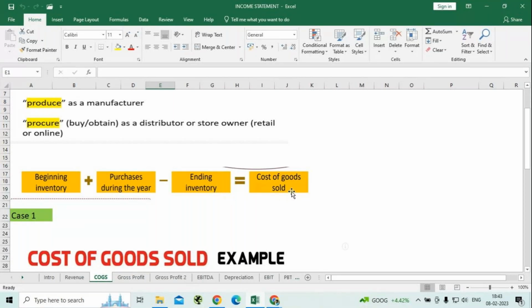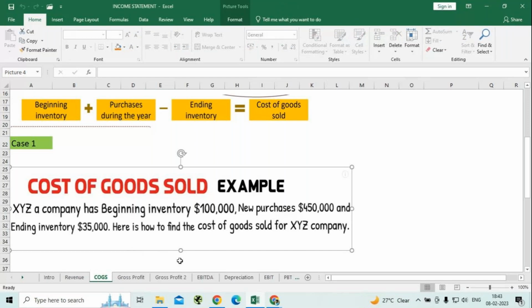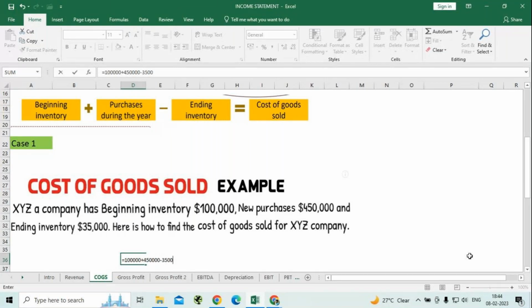Based on this, we have taken one example. What could be the value of this transaction? The beginning inventory is 1 lakh, plus the purchases were 4,50,000, and minus 35,000 the closing stock.